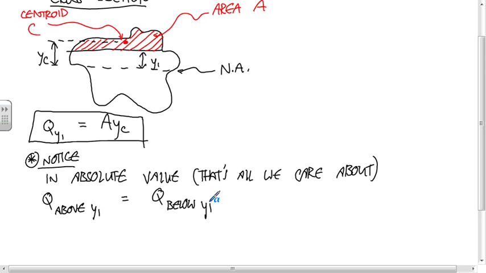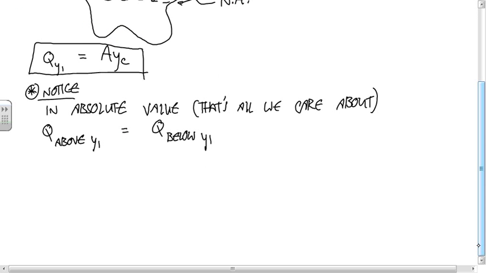So in other words, you can define it this way, but if it's easier to calculate the area and the centroid of the region below that line, you can do the calculation that way and you'll get the same thing. Okay, so let me do an example and I'll show how to do the calculation and why, or at least one case where those two calculations are the same.